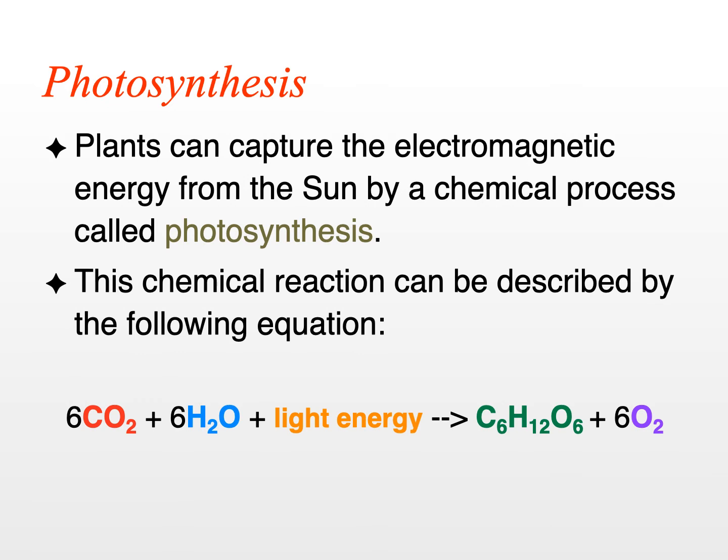So how does photosynthesis work? Plants within their cells have chloroplasts. These chloroplasts have the ability to absorb solar radiation, and then with the addition of carbon dioxide and water and this light energy, they can form glucose molecules.